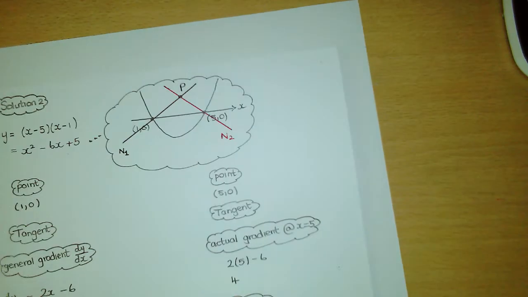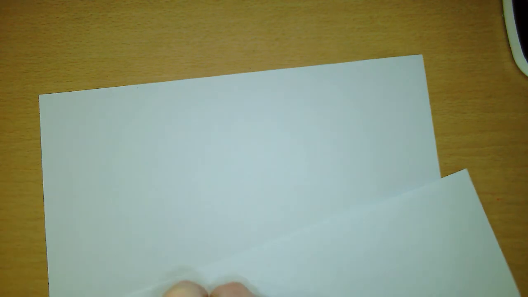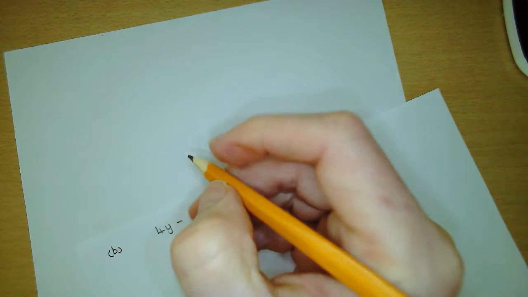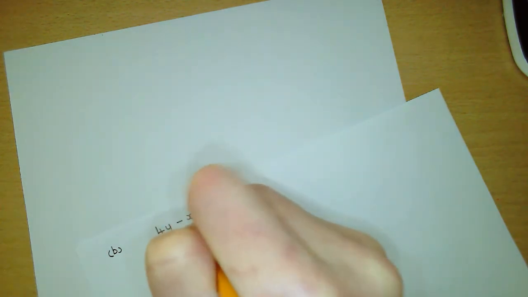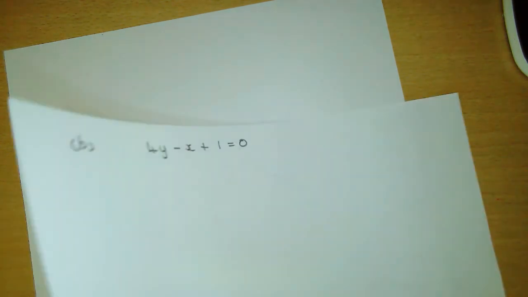So let's look at part B. So what we're going to have to do is write down the two equations again. So the first normal, 4y minus x plus 1 equals 0. And then the other normal was 4y plus x minus 5 equals 0.